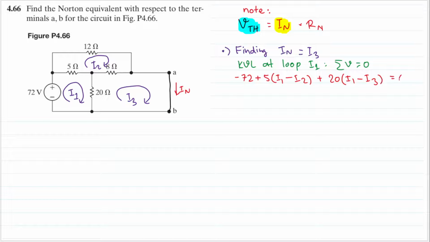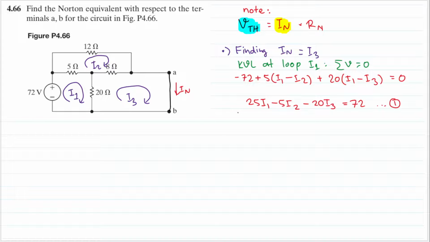That will equal 0. Let's break it out. 5 plus 20 will be 25 I1, minus 5 I2, minus 20 I3, equal to 72. Let's save this as equation number 1.